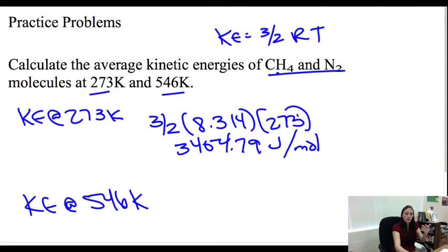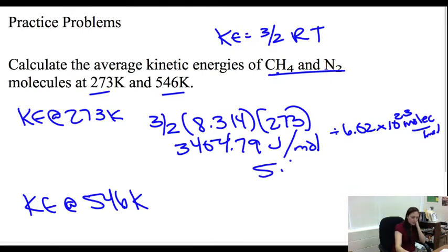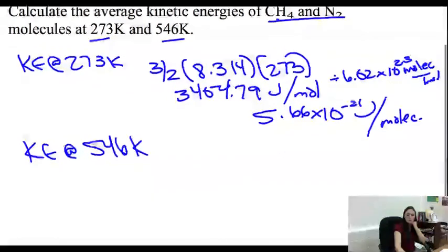So I divide by 6.02 times 10 to the 23rd, which is how many molecules are in 1 mole, and we get 5.66 times 10 to the negative 21st joules for every molecule of either CH4 or N2.